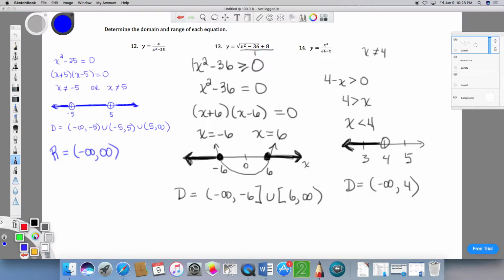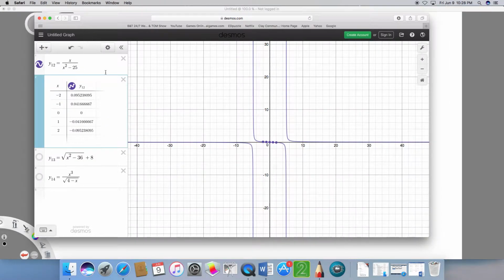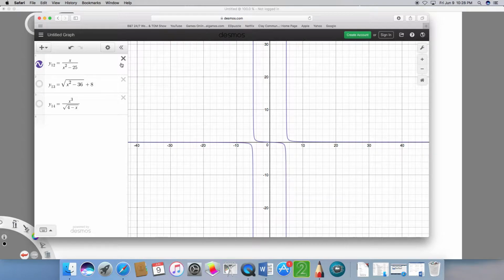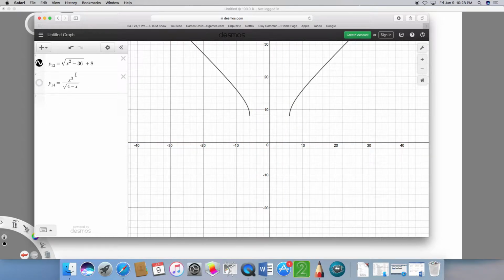Now, what about the range for number 13? Let's take a look at what its graph looks like. So let's get rid of our graph of number 12. If we look here at number 13, it has this endpoint, negative 6, 8. 8 is the y coordinate, and over here, positive 6, 8.